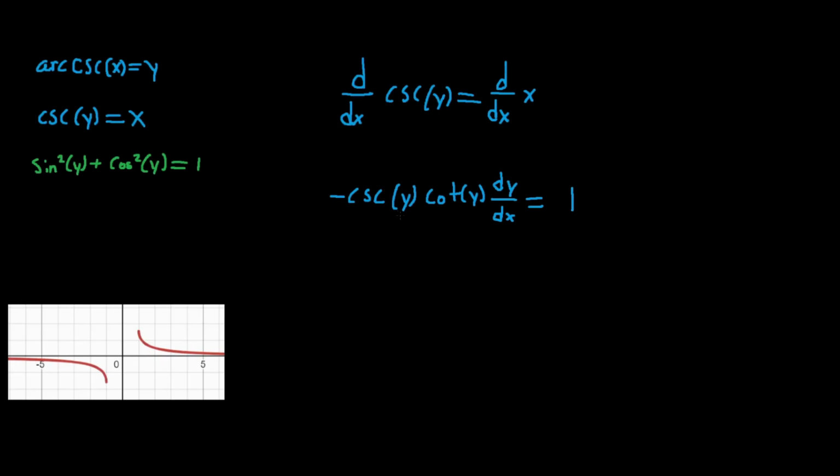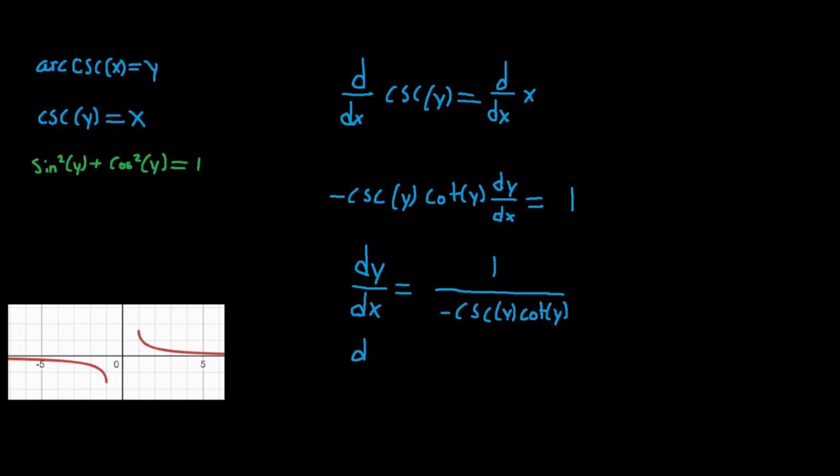Okay, I want to isolate this dy over dx, so I'm going to divide both sides by negative cosecant of y times cotangent of y, and I will have dy over dx equal to 1 over the negative cosecant of y times cotangent of y.